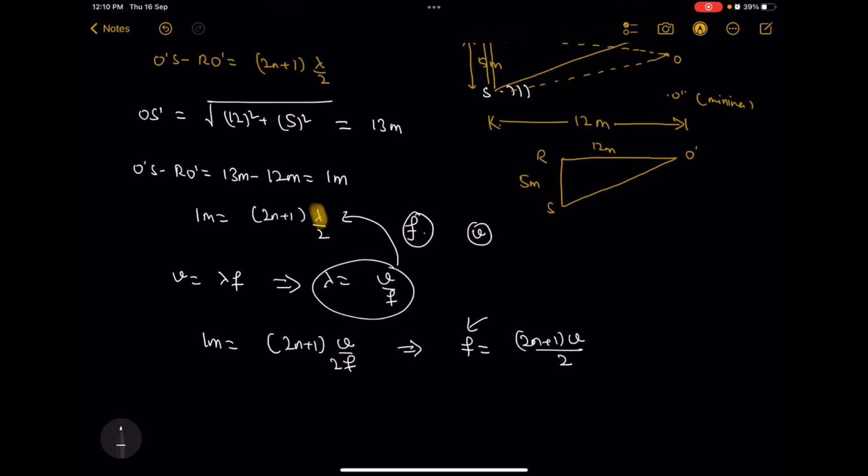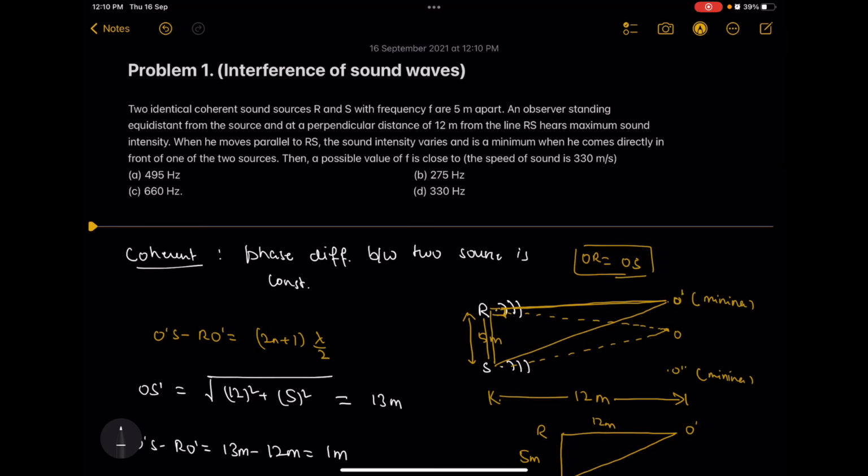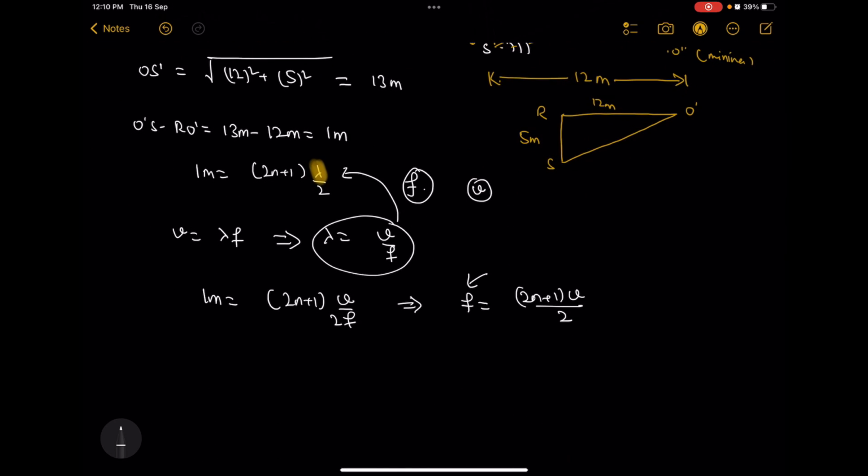Let's try a hit and trial method, because we need my answer to match with these four options A, B, C, D. Let's start off with n equals 0 and v equals 330 meters per second, which will come out to be 330 divided by 2, which is 165 hertz.